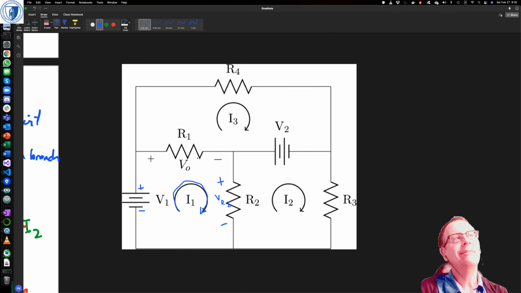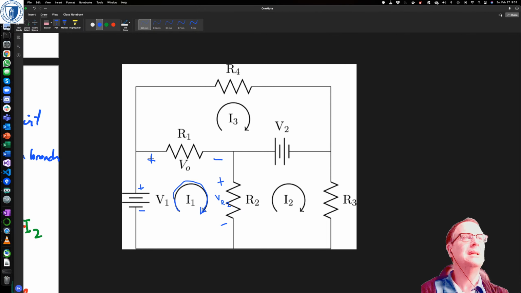One thing to be careful of is if the circuit already defines a polarity, try and always use that polarity. In this case, this is the right positive sign for I1, but you'll see when we get to I3 it's not.